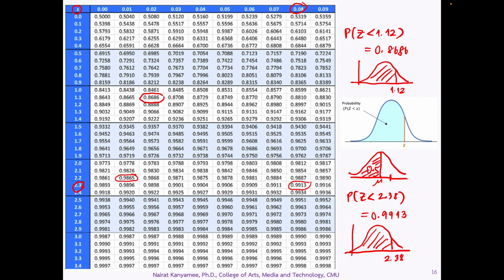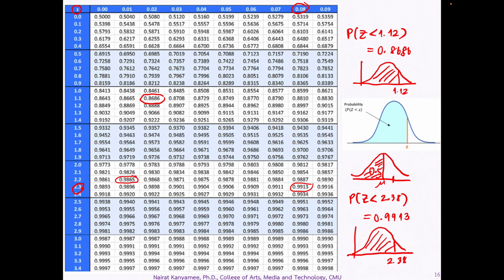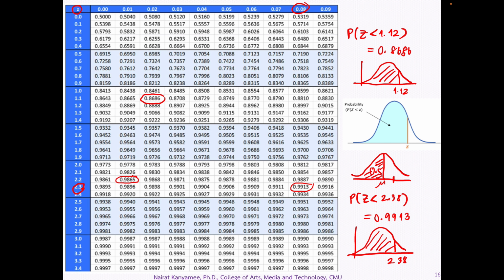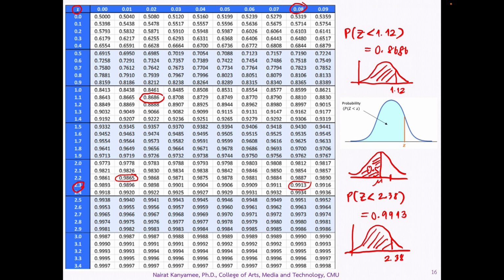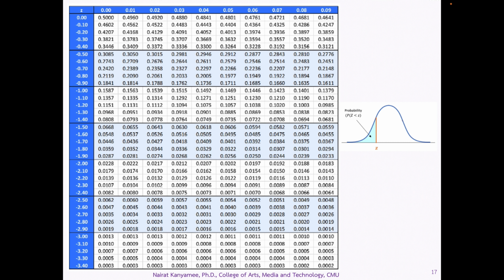And next, usually they give you the positive value of z and you find the probability. But in some books they might provide the probability when z is negative. Okay, for example, this table.